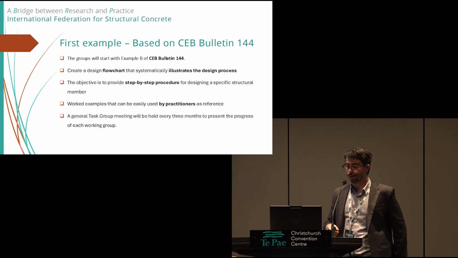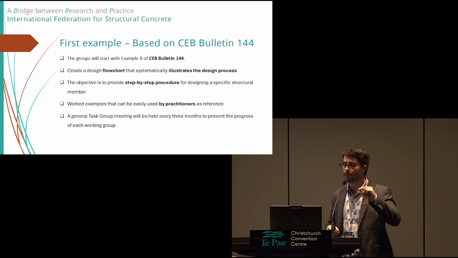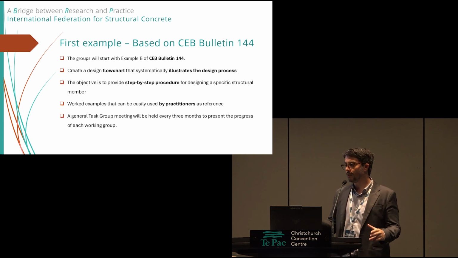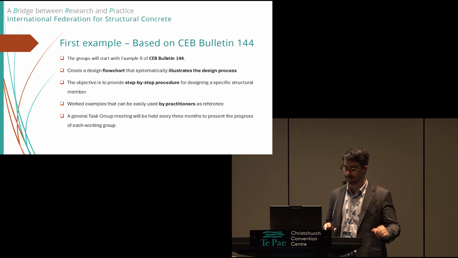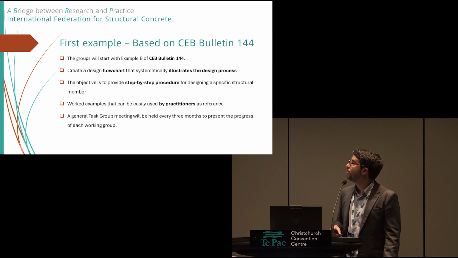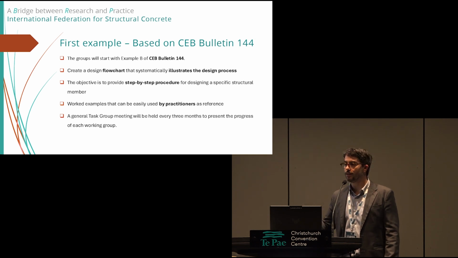We want to give a step-by-step procedure indicating in each part which section of the model code this equation is from, and how you can get the background on that equation. So the worked examples can be easily used by practitioners as a reference, and the general task group meeting will be held every 3 months.